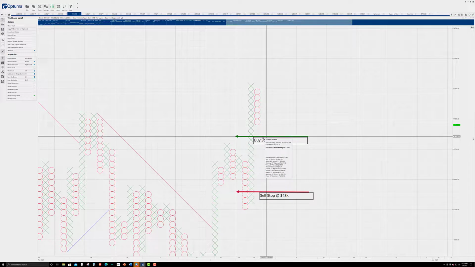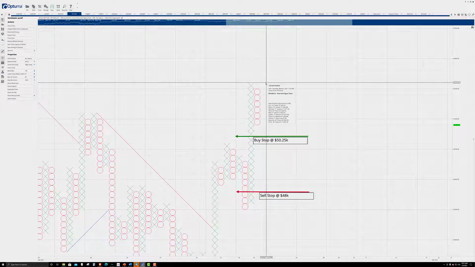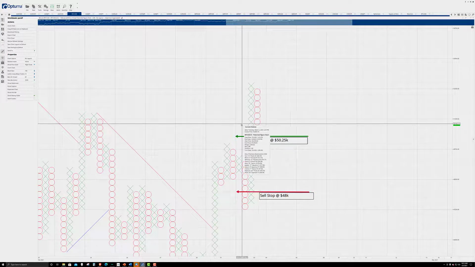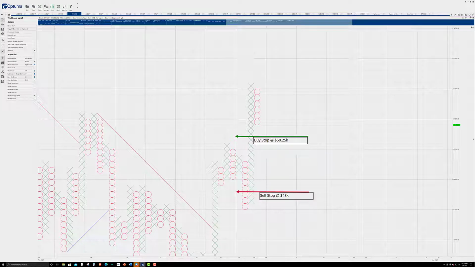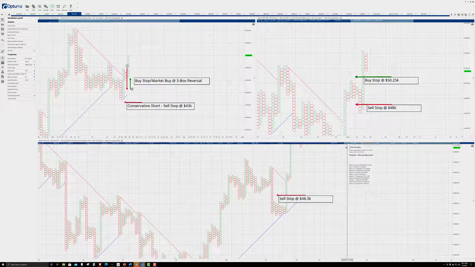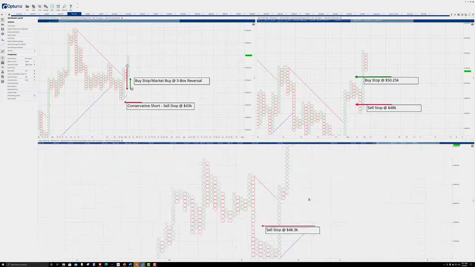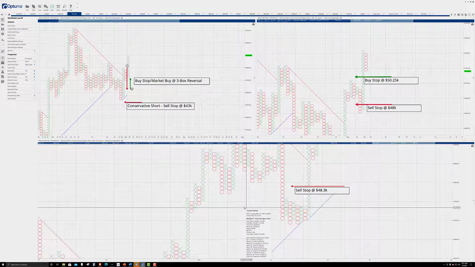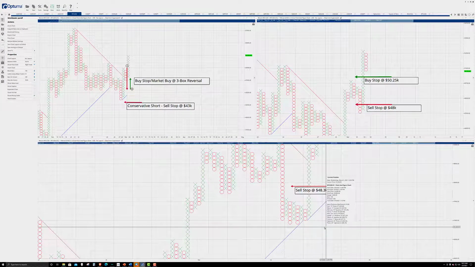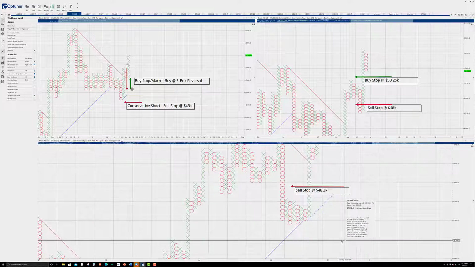But if you got in at the buy stop that we had up here at 50,250, it went all the way up to 52,500, and you may still be in it, you may not. Either way, it is in profit. My point here is that point and figure is a very powerful chart style that really helps us identify some trade setups, and it leaves a lot of the motion out of it.